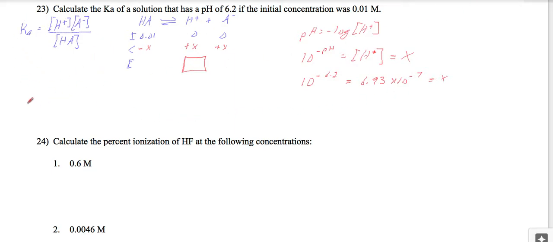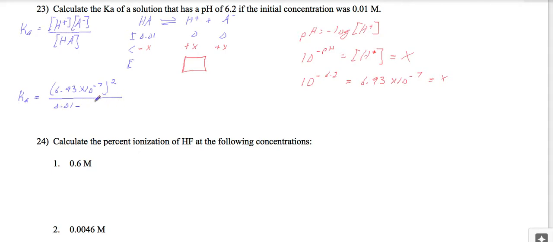So we end up with Ka is equal to 6.93 times 10 to the minus 7th, squared, over 0.01 minus that number.